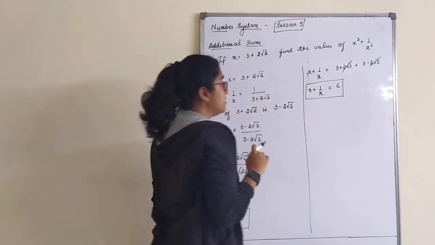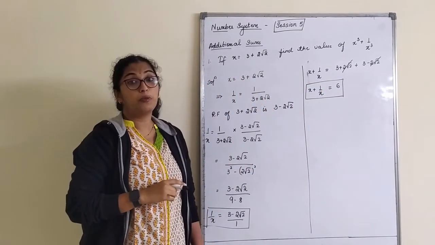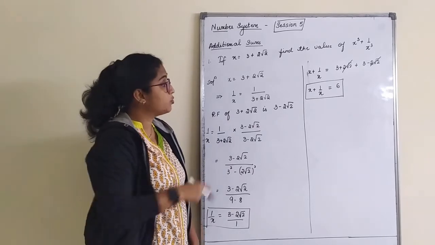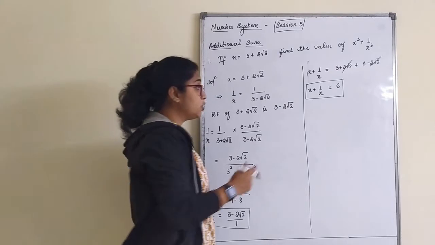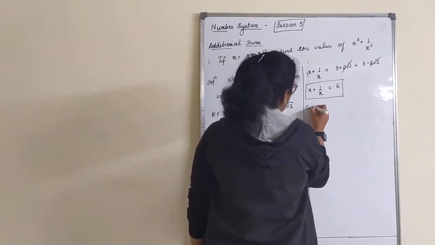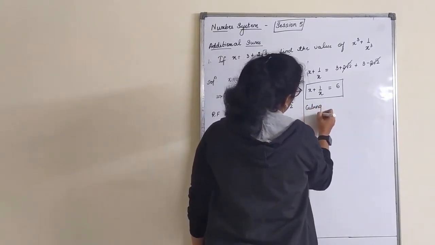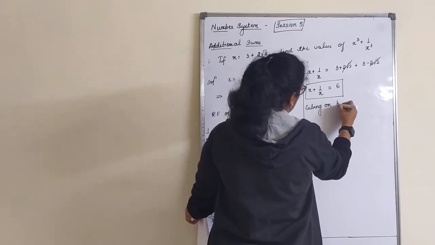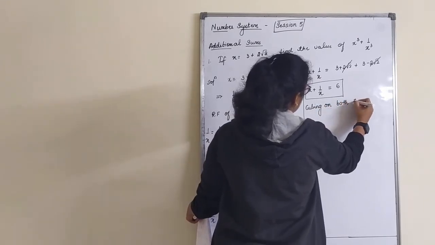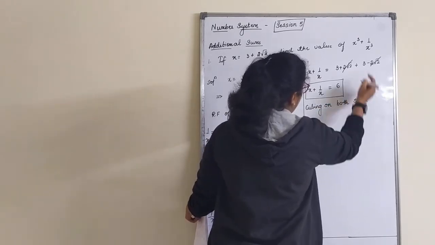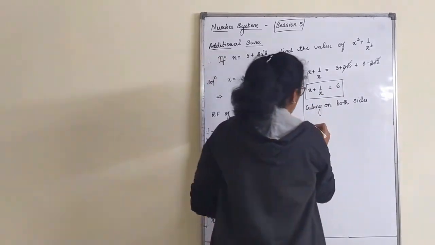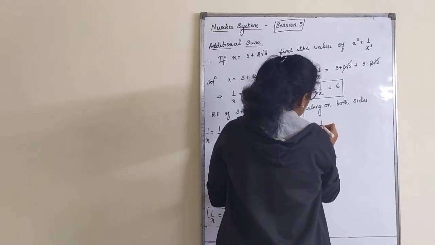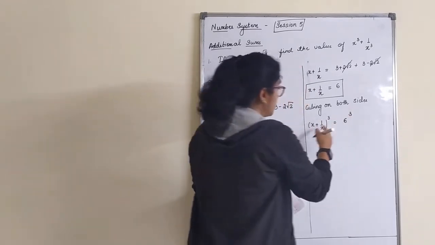This is not the answer yet. We want it in the form of x cube plus 1 by x cube. How do we get this sum in the form of x cube plus 1 by x cube? Cubing on both sides. If in case square was asked, squaring on both sides could have been done. So x plus 1 by x whole cube is equal to 6 cube.